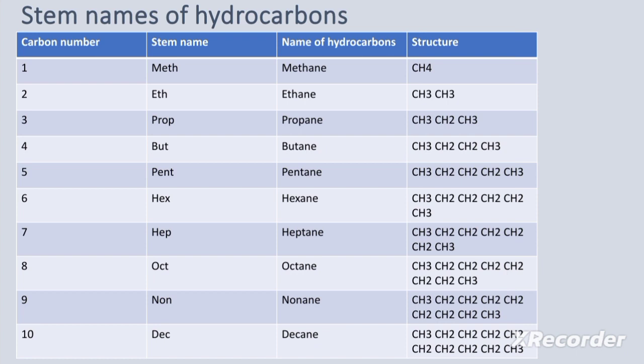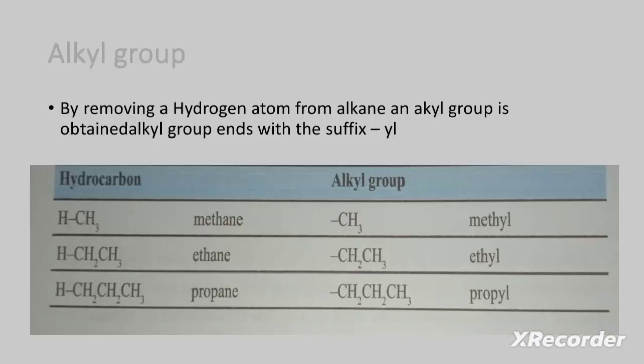Likewise, these stem names are modified according to the type of hydrocarbon and used. Then we will have some knowledge about these alkyl groups before moving to the methods of nomenclature. Alkyl group means that by removing a hydrogen atom from an alkane, an alkyl group is obtained.